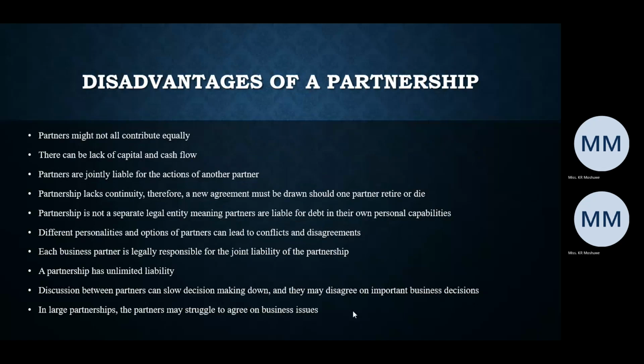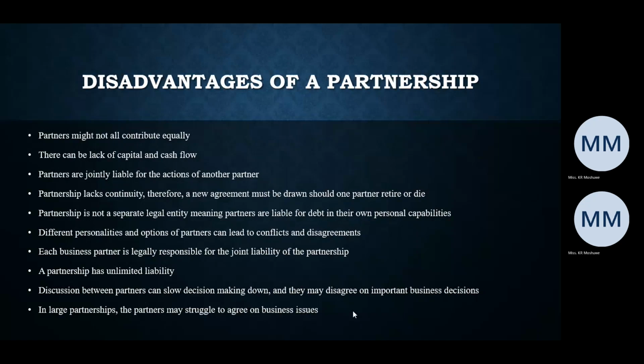And now we will look at the disadvantages of a partnership. Partners may not all contribute equally. As I mentioned before, if you want to start your company or business with, say, 10,000 Rand capital, one partner can contribute 6,000 Rand and the other one can contribute 4,000 Rand.